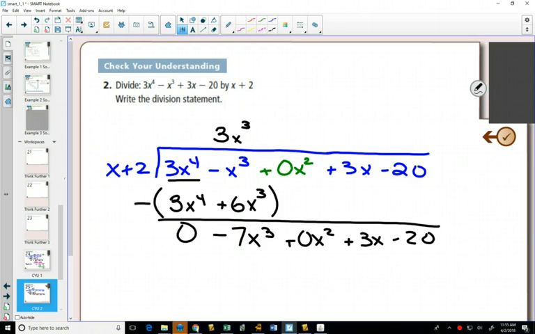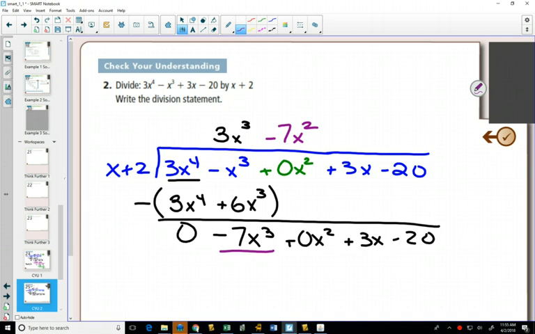My next value, now I need to get a minus 7x cubed. What would I have to multiply an x plus 2 by to get a negative 7x cubed? A negative 7x squared. So we get an x squared even though we didn't have an x squared in our original function. And so the column is there, which is nice.